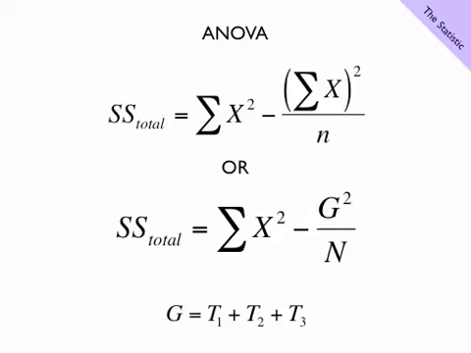It's the total number of scores that you have. So we're substituting big N in this case in our computational formula.